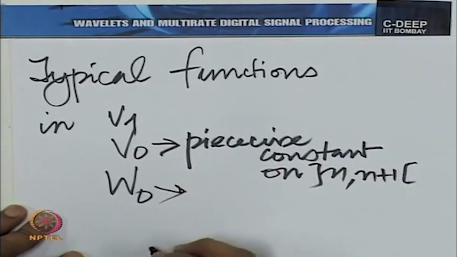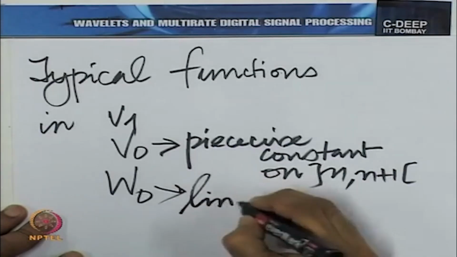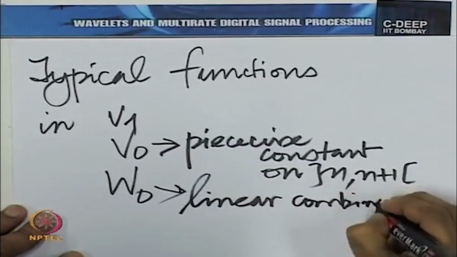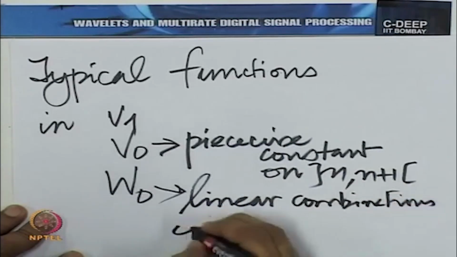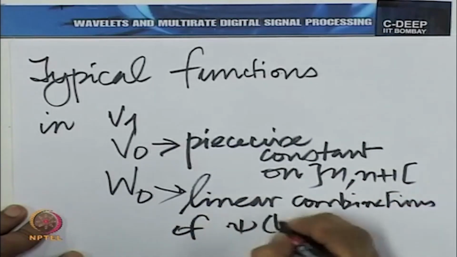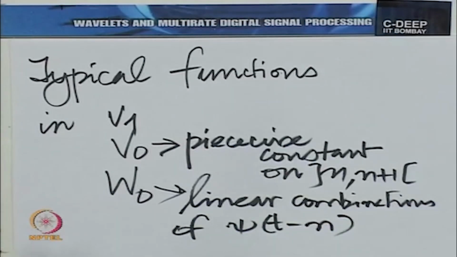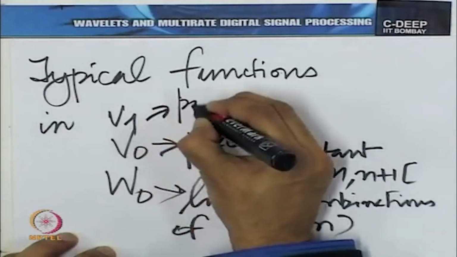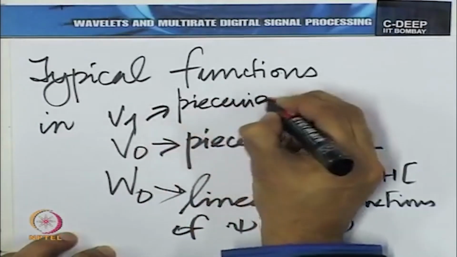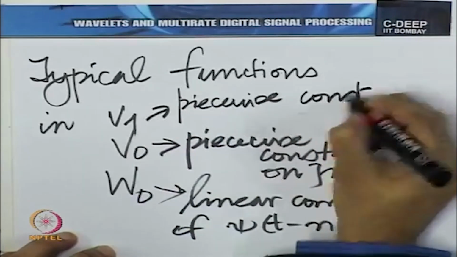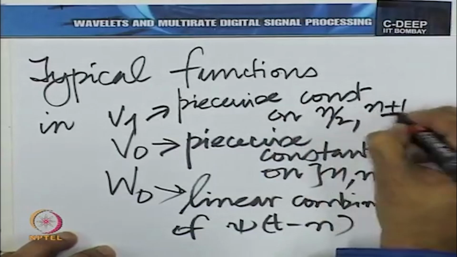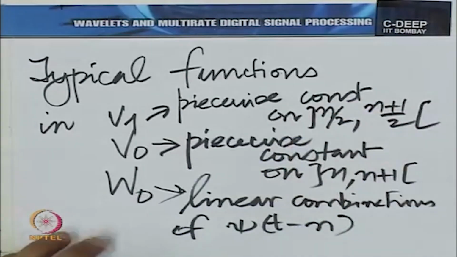These are linear combinations of psi(t minus n) for integer n, and these are piecewise constant on n/2 to (n plus 1)/2 for integer n.